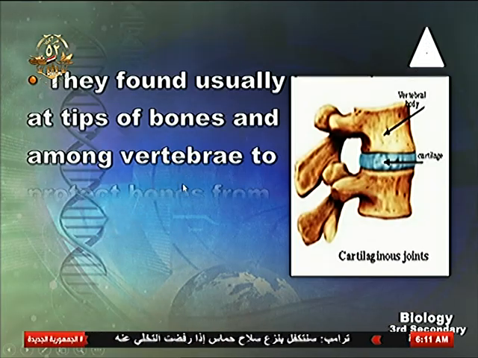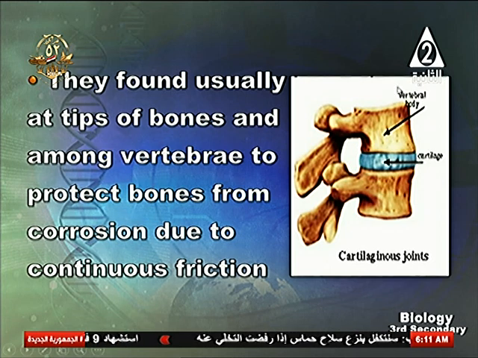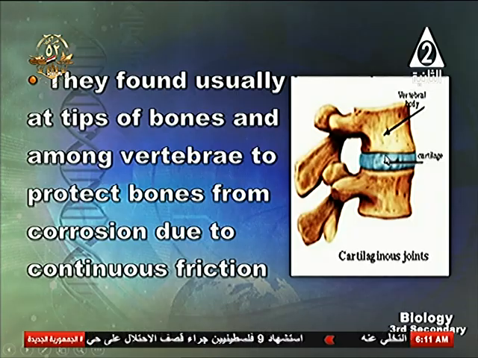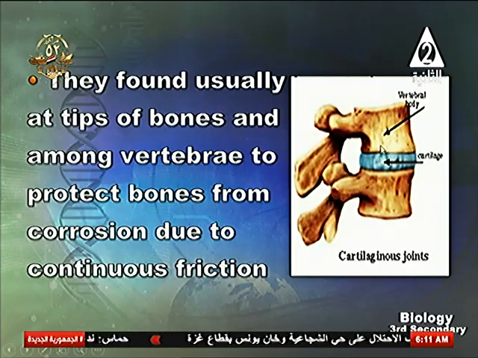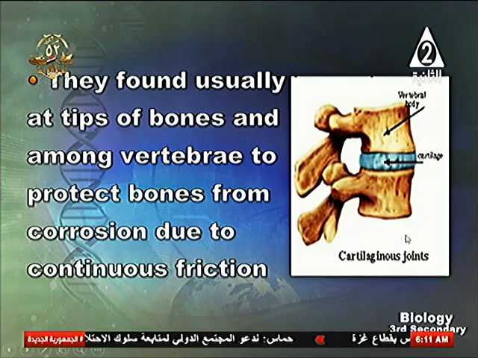Okay. Cartilage is found at the tips of bones and between bones to reduce their friction and prevent their damage. As in cartilaginous joints, which have cartilage between the centrum of two vertebrae.